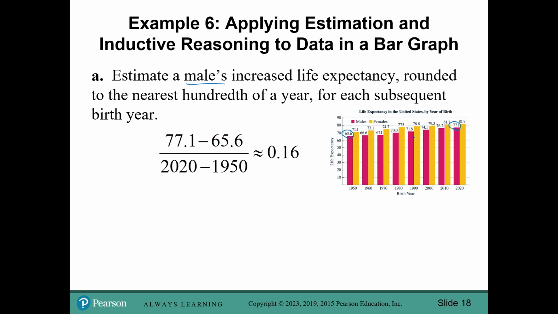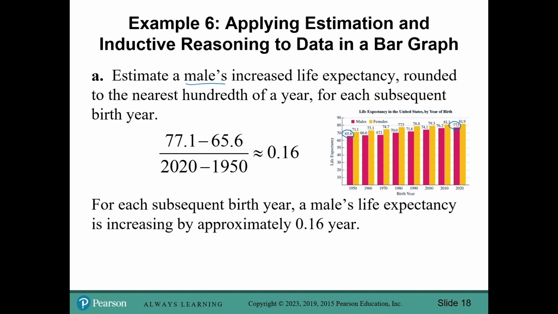We also need to have their corresponding years in the denominator. So we take 2020 and subtract 1950. We are essentially finding the slope from this point to that point. In doing so, we see that it is approximately, rounded to the nearest hundredth, 0.16.